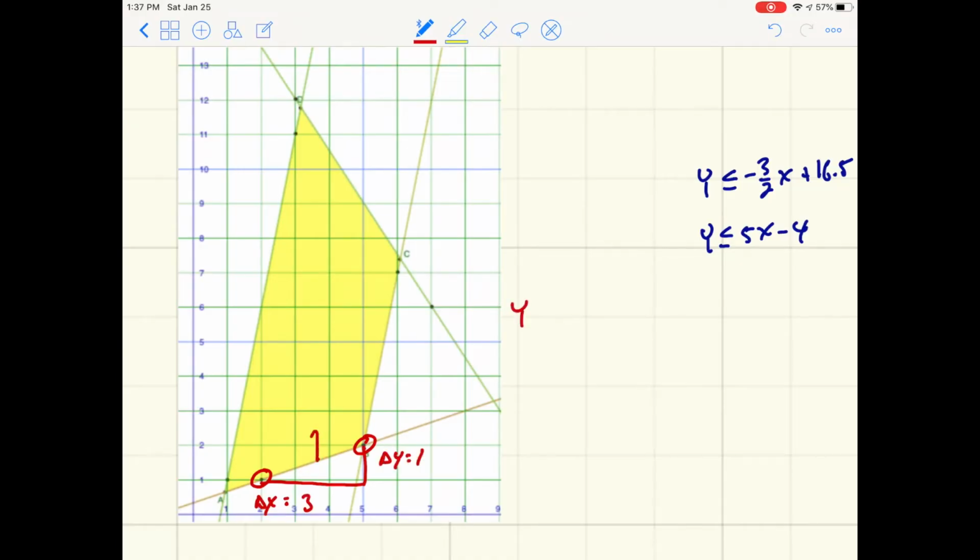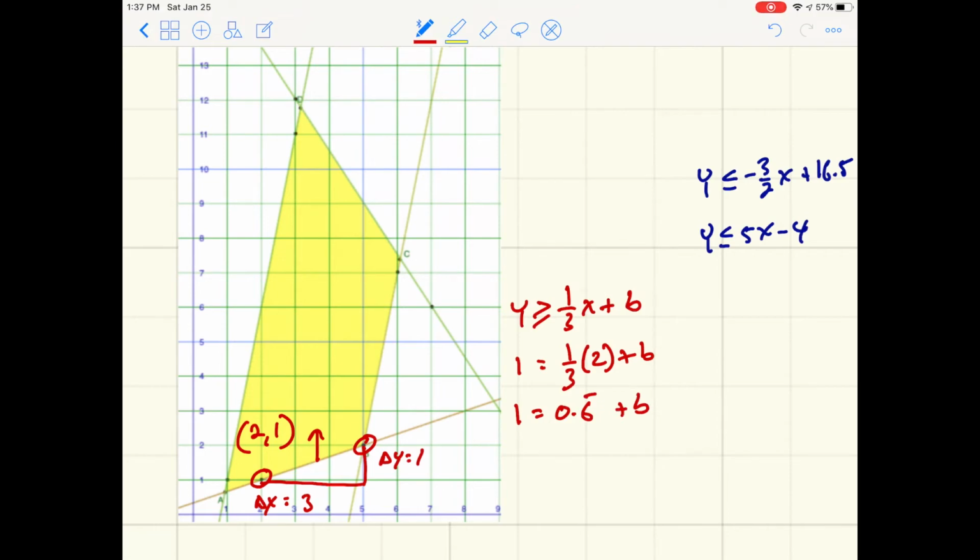We are shading above, it's solid, so y is greater than or equal to 1/3 x plus the b value. So I'm using this as a good point. This is 2, 1. So when x is 2, y is 1. 1 is equal to 1/3 times 2 plus b. 2 divided by 3 is 0.6 repeating. So 1 is equal to 0.6 repeating plus b.